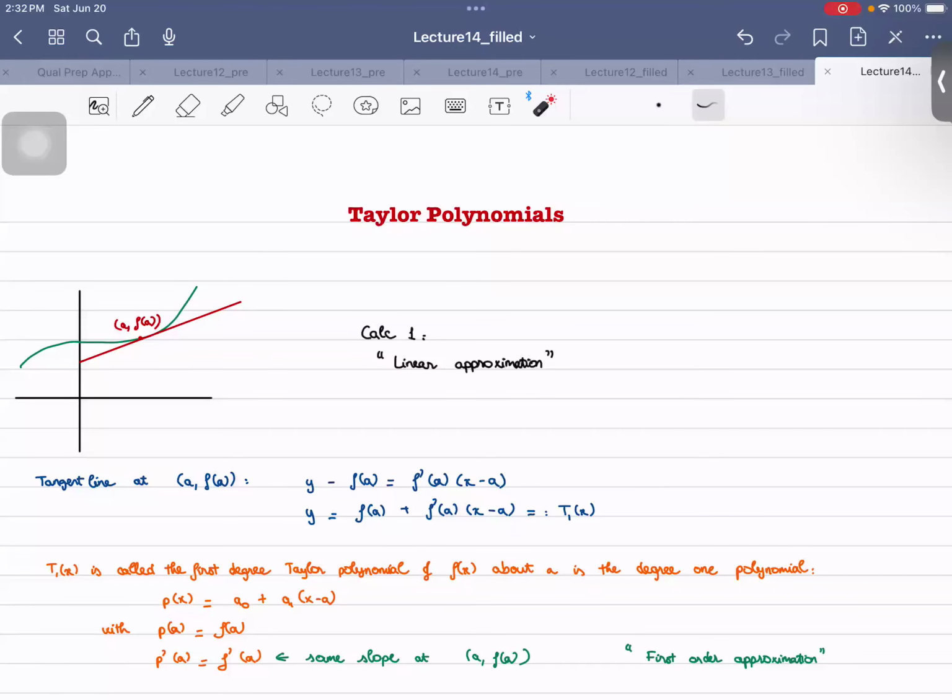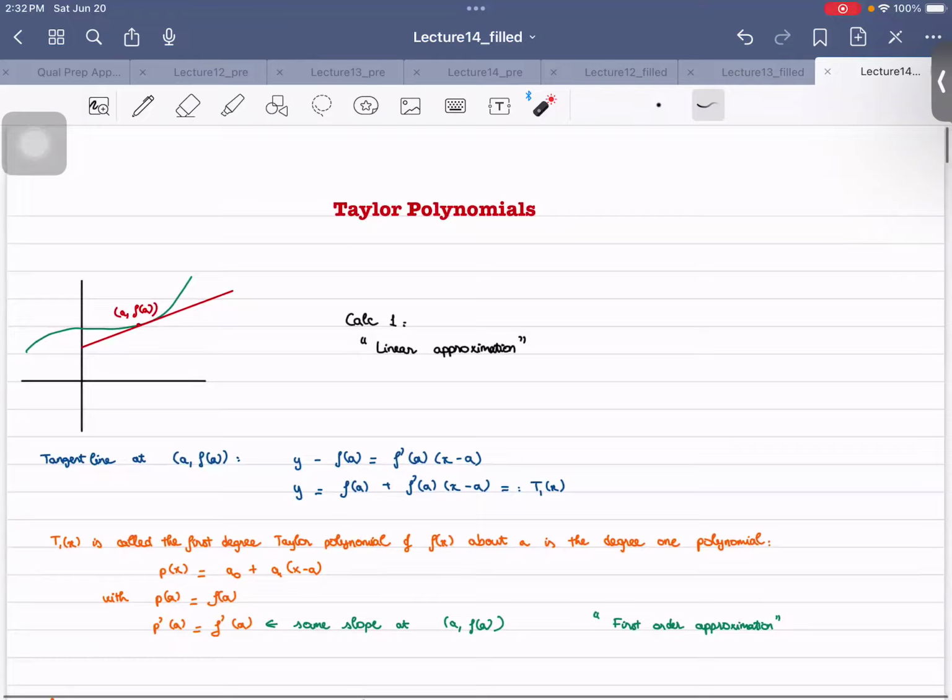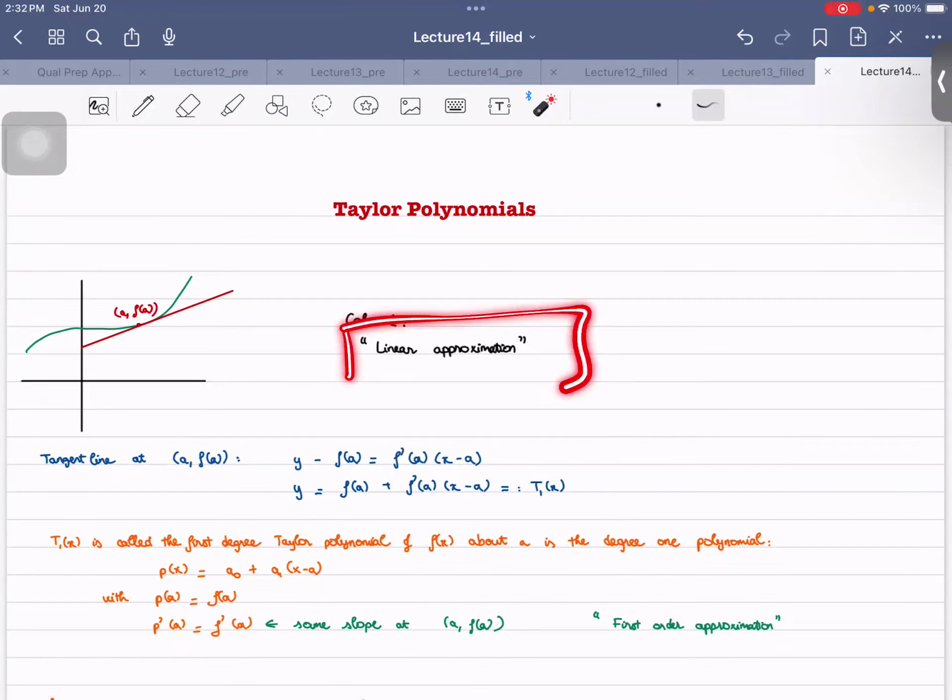You're going to use a lot more information. I mean you will use the order two polynomial, or the order three polynomial, to approximate your function. That is much better than the linear approximation that you learned in calculus one.